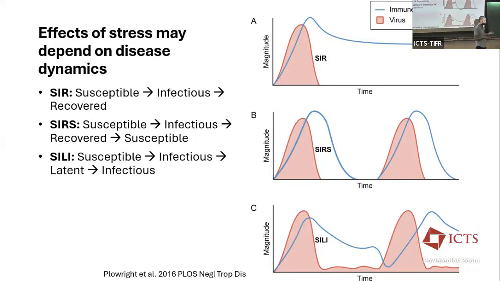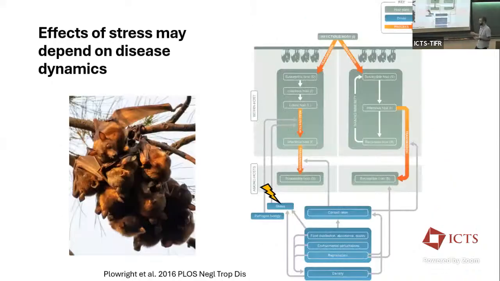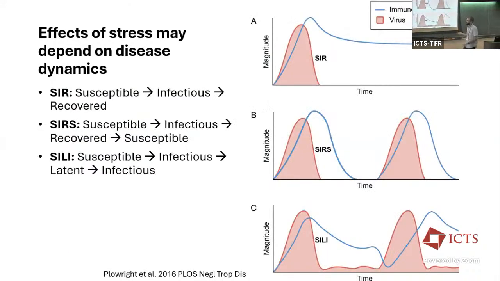There's another interesting dynamic called SIL, where instead of recovered, you may not fully recover from infection. Your immune system may only have a partial clearance of this infection, and it may go into a latent phase. Things like tuberculosis, a lot of herpes viruses, and HIV to some degree go through this.